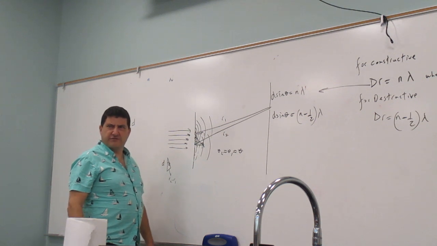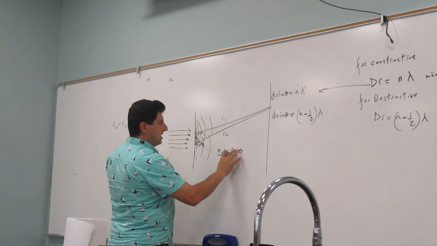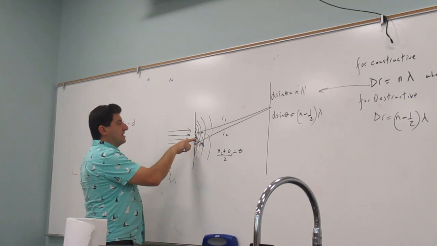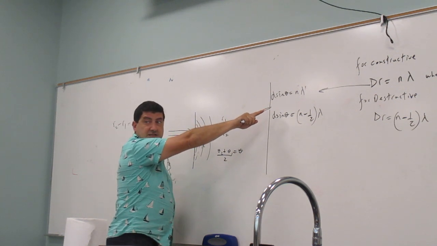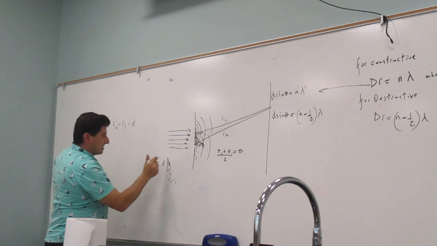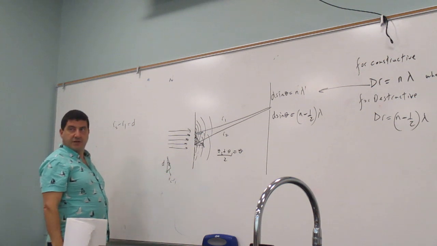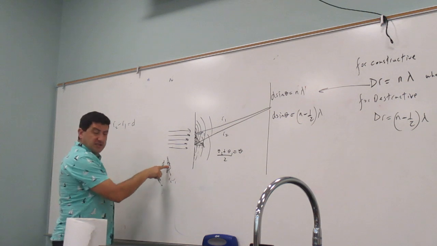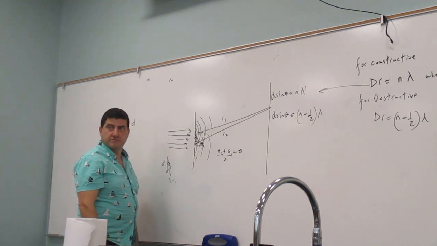Yeah, you can take their average and call it theta, and then you can say that theta is the angle from the middle of the slits to there, instead of from either slit. And you can still say this angle theta will still equal that angle theta. They're all about the same, right?